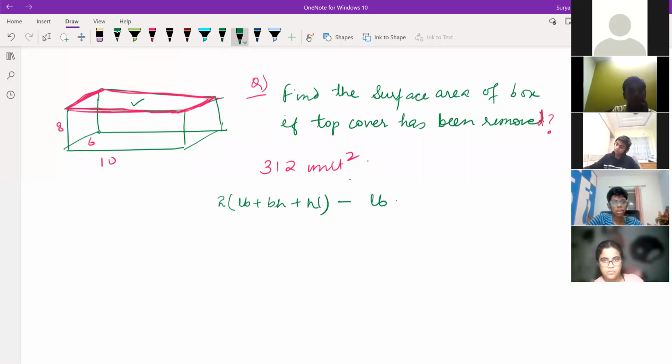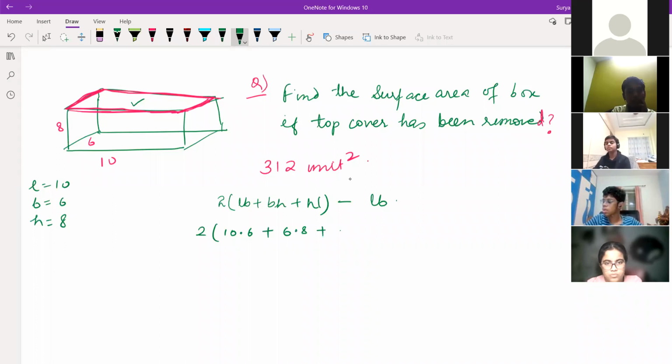Okay. So here length is 10, breadth is 6, and height is 8. So 2 into (10 into 6 plus 6 into 8 plus height into 10) minus lb. So I did it wrong, sir. Okay.